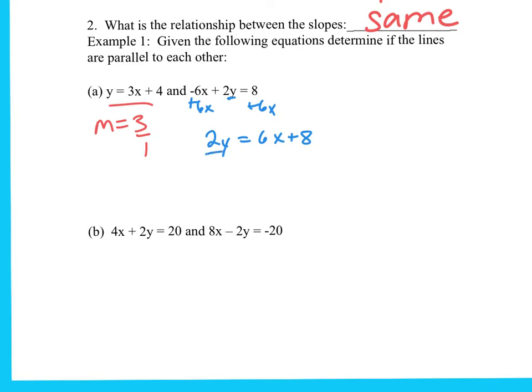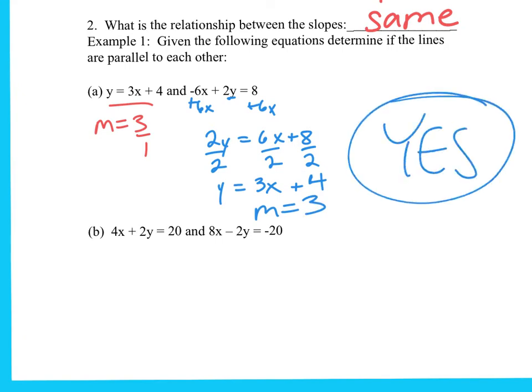Divide by 2. So y equals 6x divided by 2? 3x plus what? 4. Okay. What's the slope of that line? 3, or 3 over 1. Are those the same? Yes. Okay. Go ahead and try the next one.